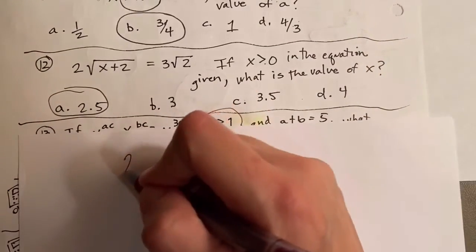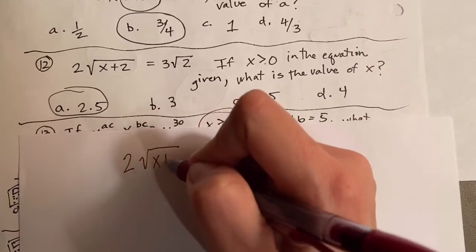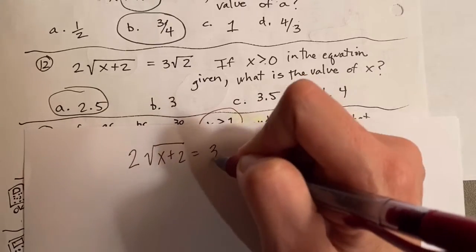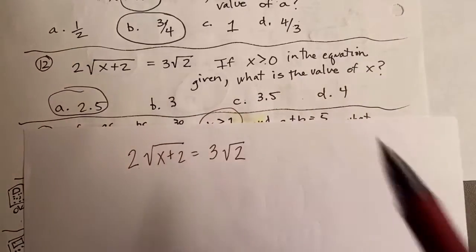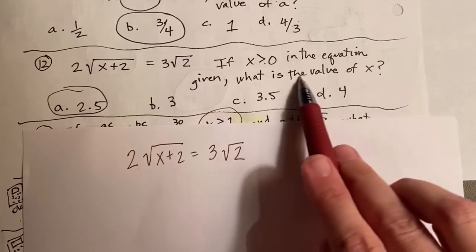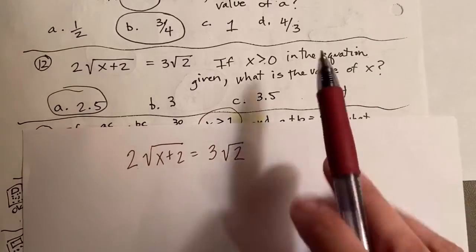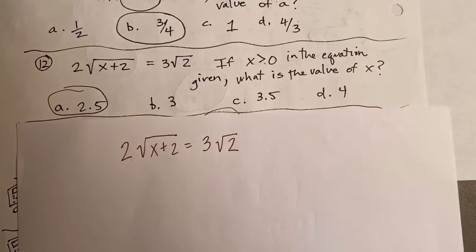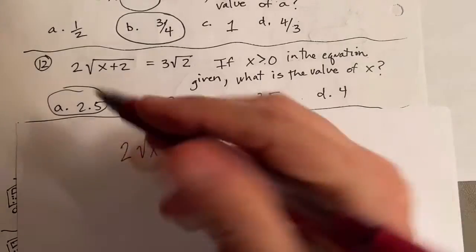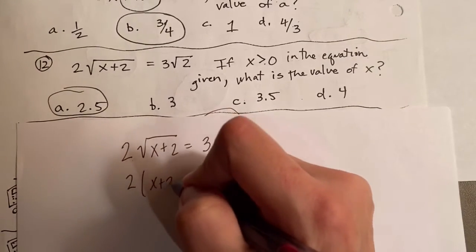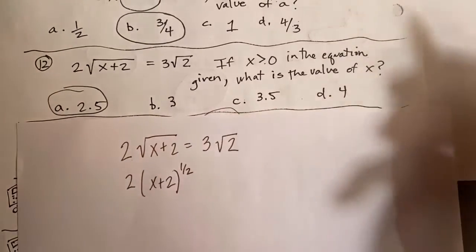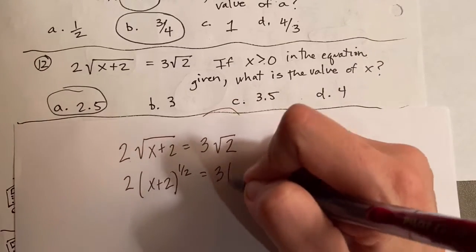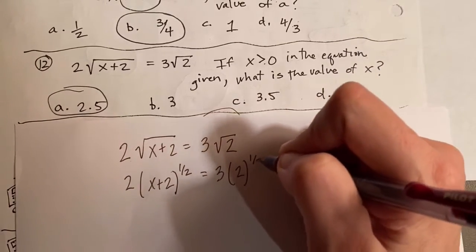12 says 2 square root of x plus 2 equals 3 square root of 2. So if x is greater than 0 in the equation, what's the value of x? Okay, so let's see if we can rewrite this. We have 2 times x plus 2 to the power of 1/2 equals 3 times 2 to the 1/2.